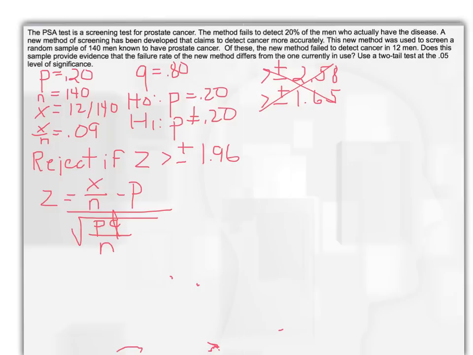So PQ over n is how we compute the variance of a proportion, and take the square root of PQ over n, and we get the standard deviation of a proportion.